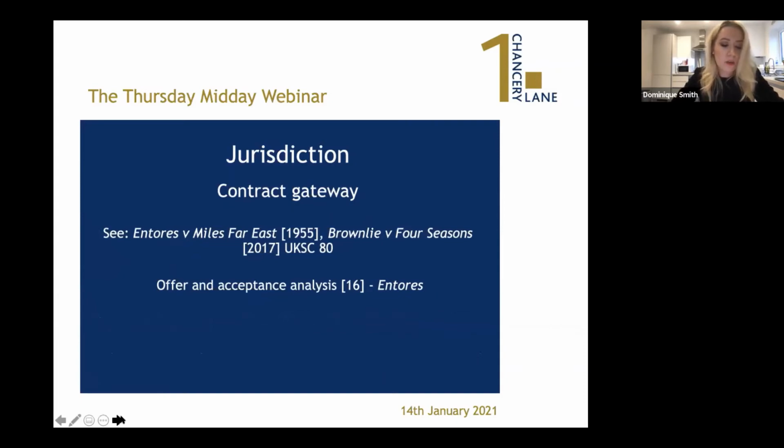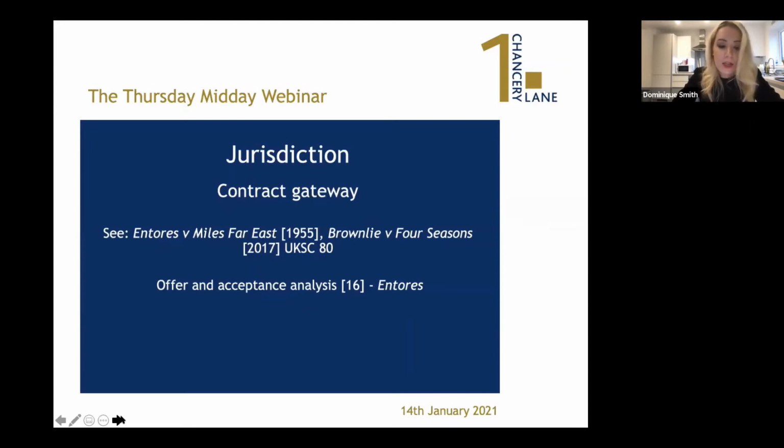What you're going to have to look at when considering whether a claim falls within this gateway is, again, the Brownlee 1 decision, because at paragraph 16 there was a discussion about this gateway. Even though Holdings wasn't the relevant party to the contract, and it wasn't necessarily something that had to be looked at in terms of the judgment, Lord Sumption decided to draw attention to the gateway nonetheless.